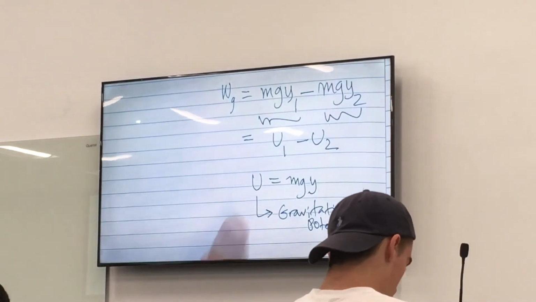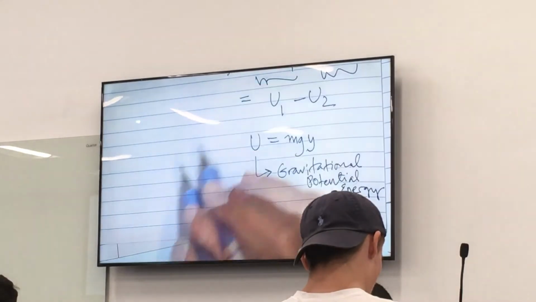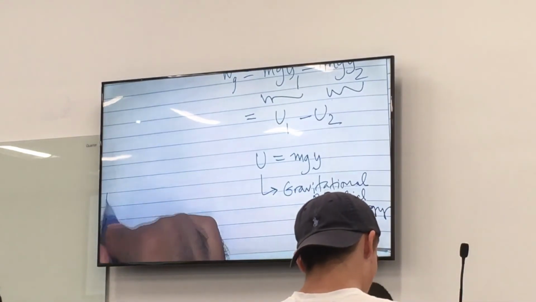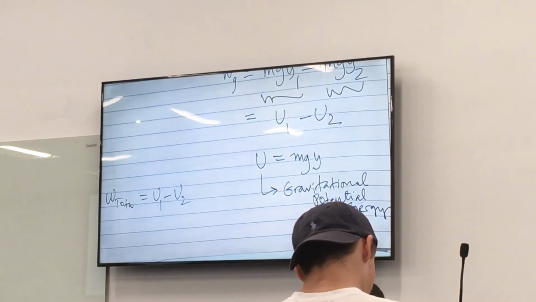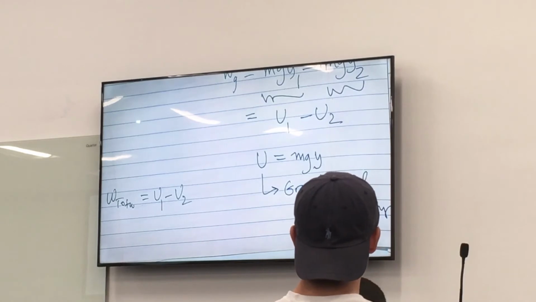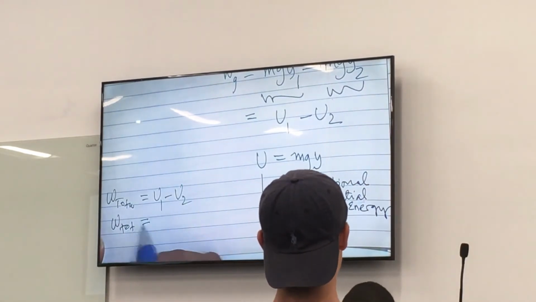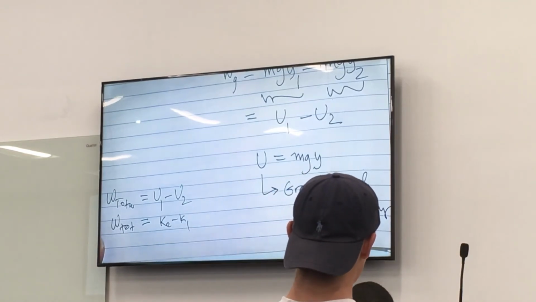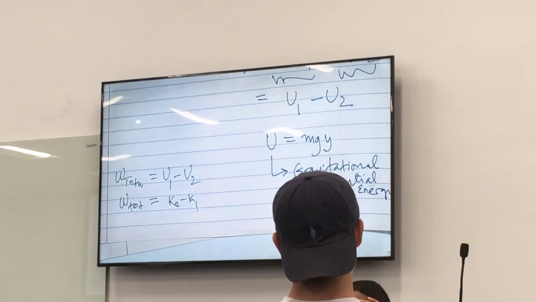So if I write this equation, right now the total work, W total, is equal to U1 minus U2 in this case, because only the gravity does the work, so that's the total work also. But in chapter 6, you also wrote W total equal to K2 minus K1. So what does that mean? They are the same.